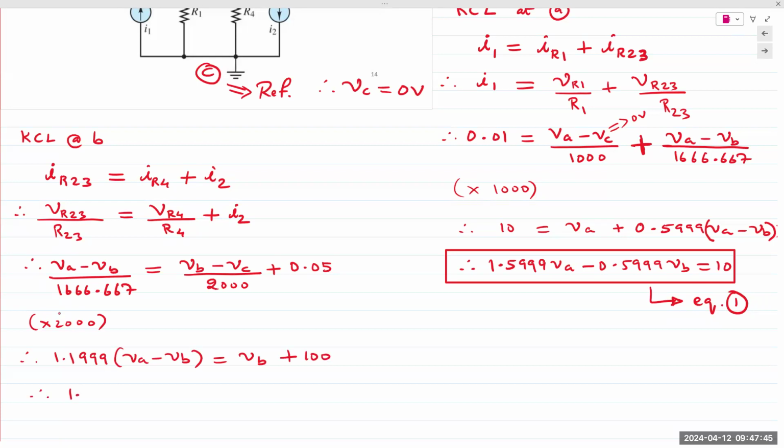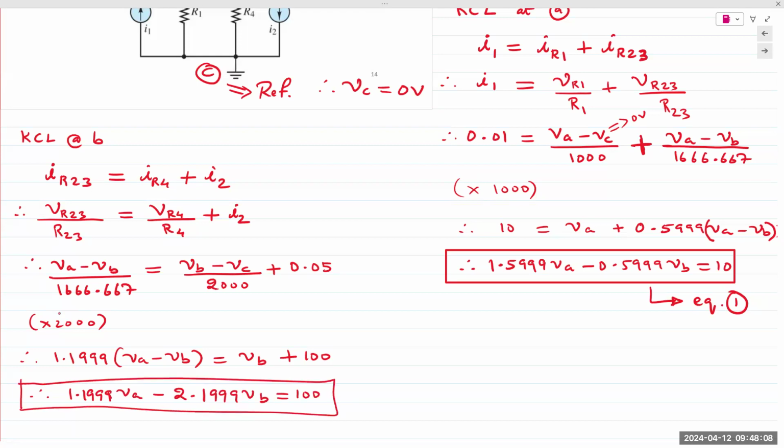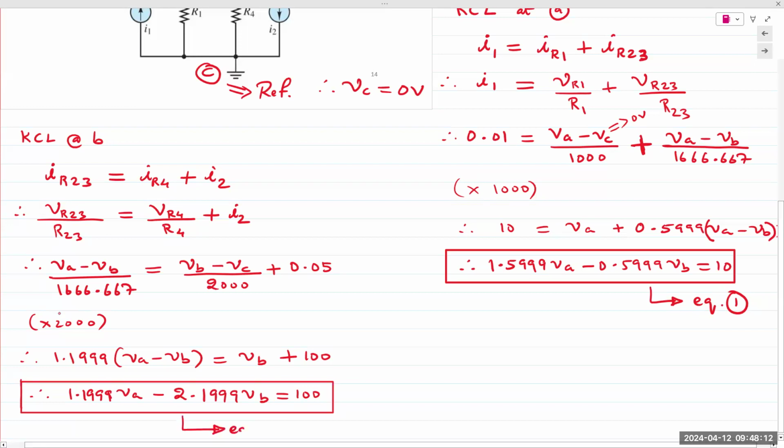Rearrange the terms and you get 1.199 VA minus 2.1999 VB equals 100. And this is going to be equation 2.